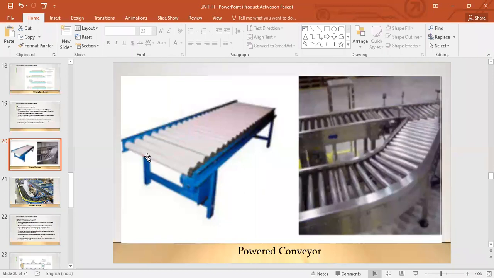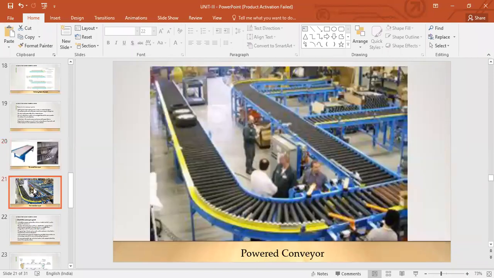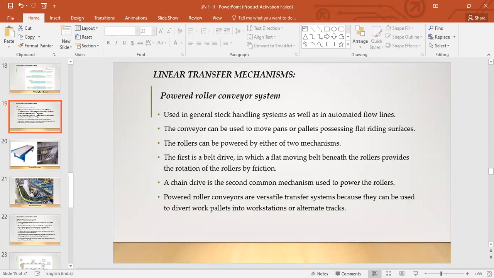And even this, I believe, yes, tires, you see, another example. So when there are hefty things involved, bulky work parts, then you'll use this kind of roller conveyor system to transfer work parts. They're used in general stock handling systems as well as in automated flow lines.